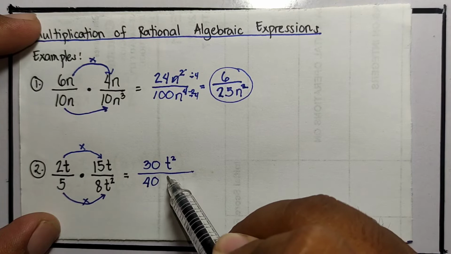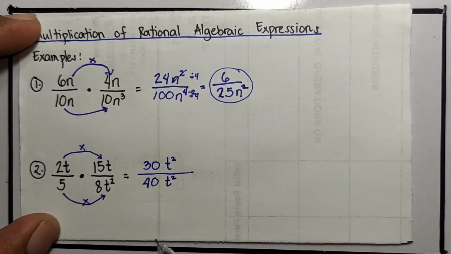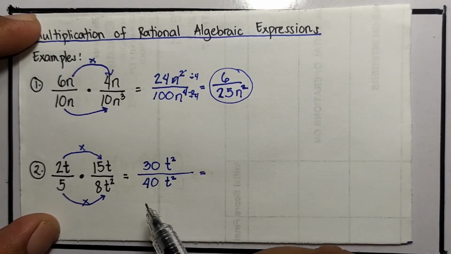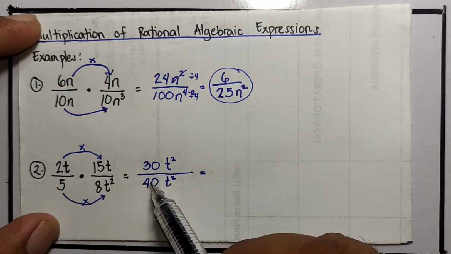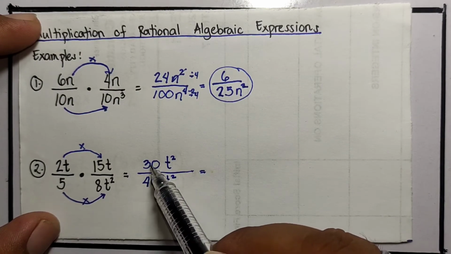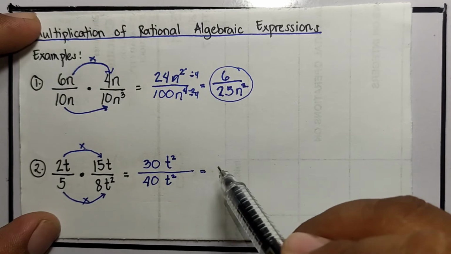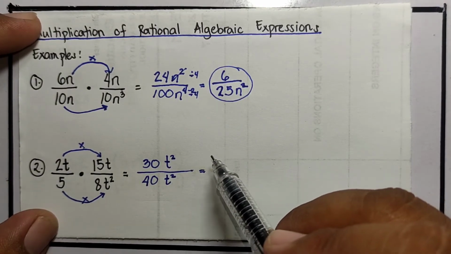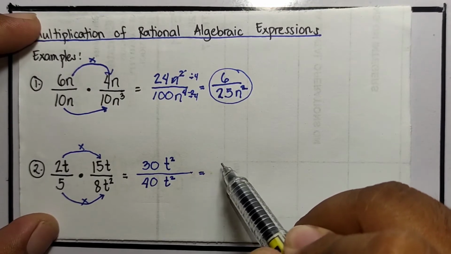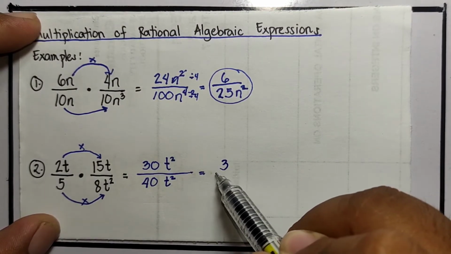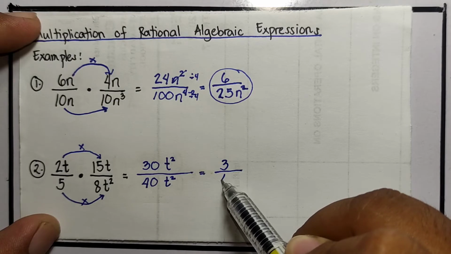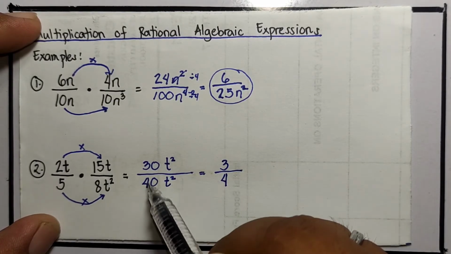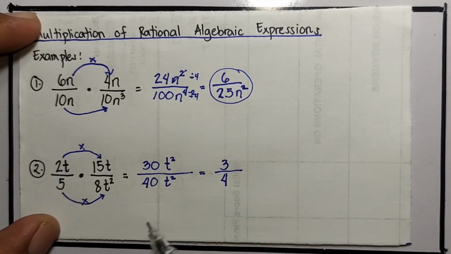Then t squared. Then after that 30 over 40, simplify, their common factor is 10. Therefore we have here 3 over 4.